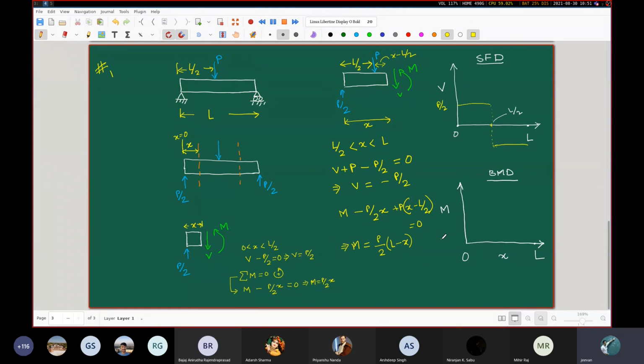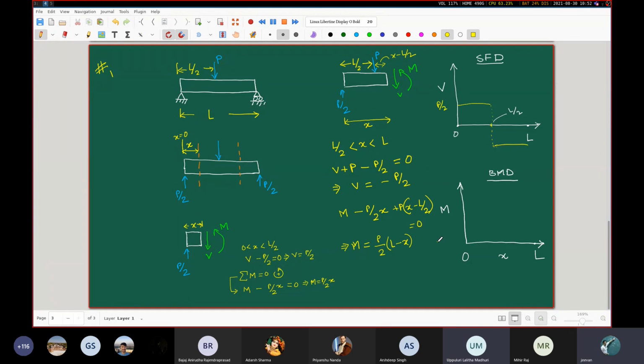Sir? Yes. We have considered the portion after P to be x, but you have taken x starting from the left side. I did not understand what you were saying. Can you say that again? Sir, x is lying between L by 2 to L, so after P we should take x.